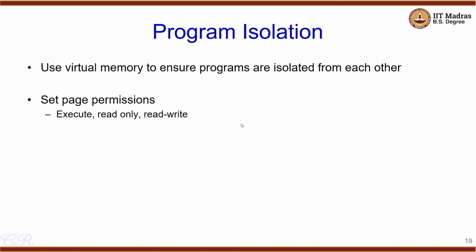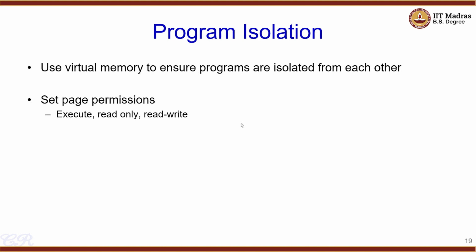We'll get into the details of what virtual memory is in a later class, but the essential fact is that each application is given a particular virtual memory space and is sandboxed within that virtual address space. So anything it does is restricted to that virtual address space.